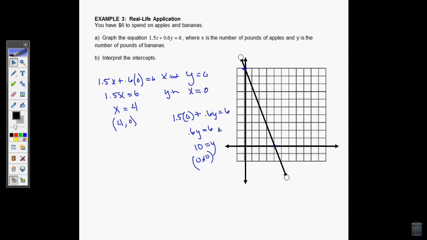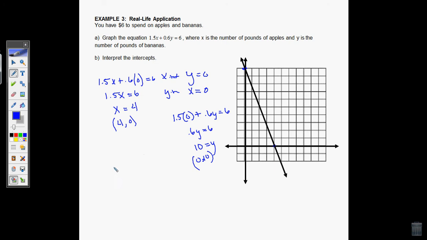Interpret the intercepts. This is always the struggling point. What does it mean right here when my x value is 0 and my y value is 10? In terms of the situation, what does it mean? Well, x stood for pounds of apples.